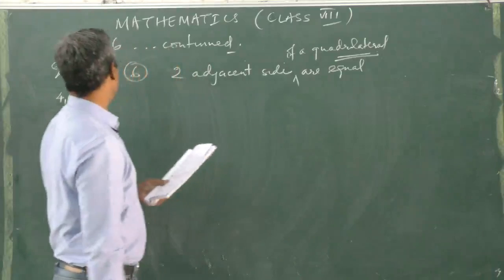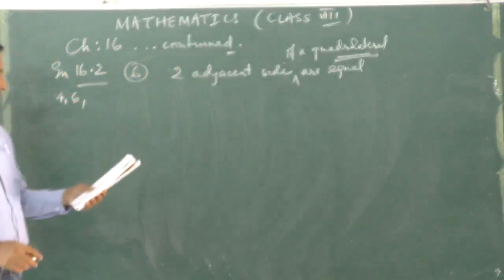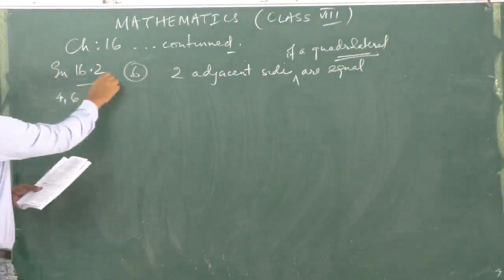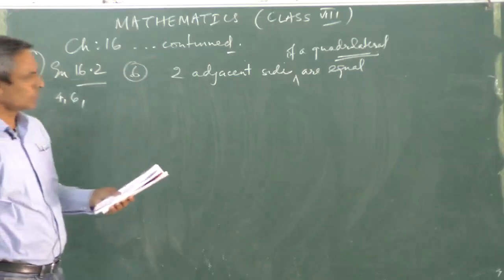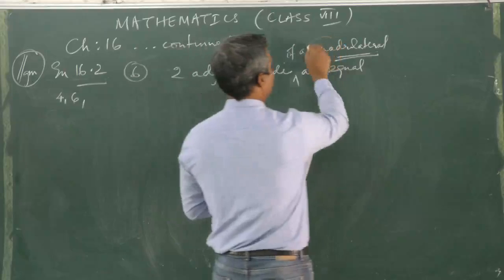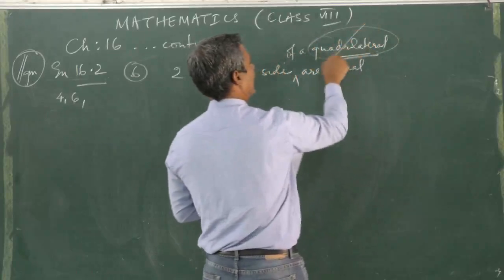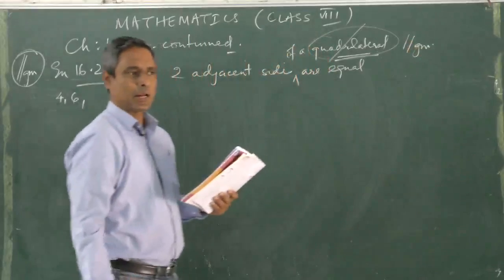Now I want you to pay attention to this point that I am giving you. Exercise 16.2 is based on parallelograms. So when I read this question in the exercise, I don't just remember quadrilateral, I also would like to remember parallelogram.